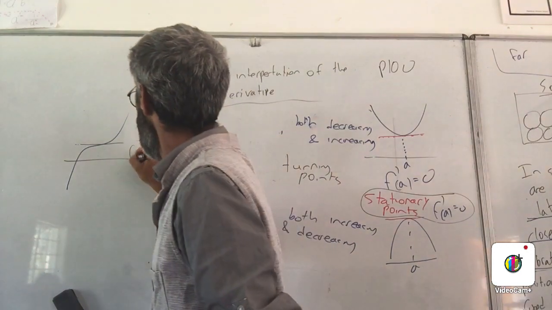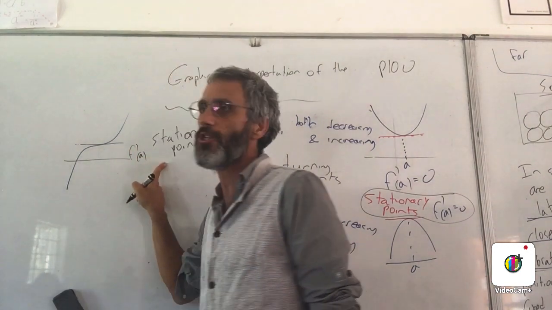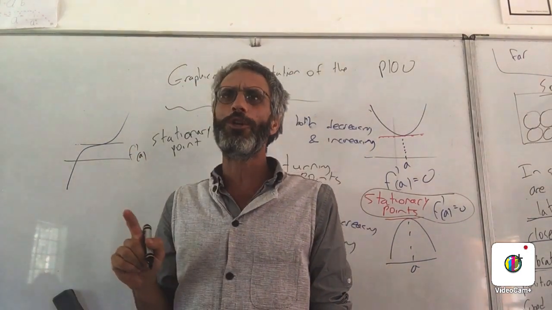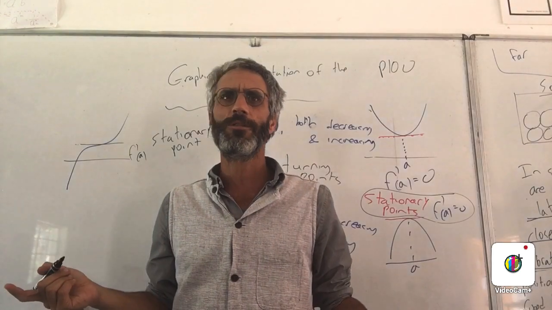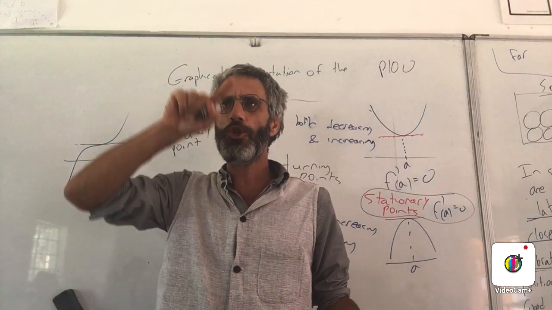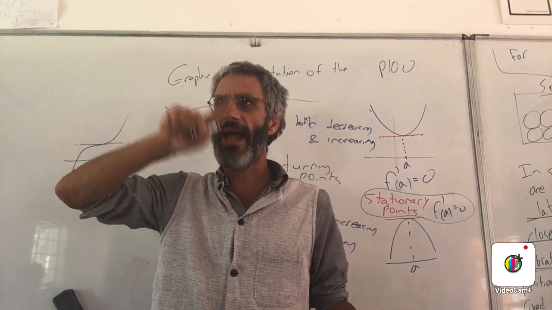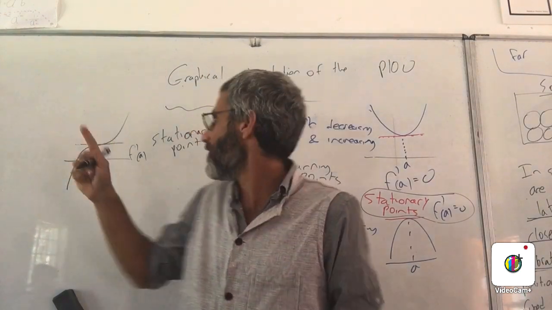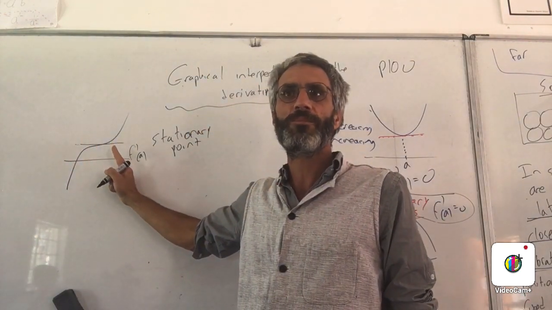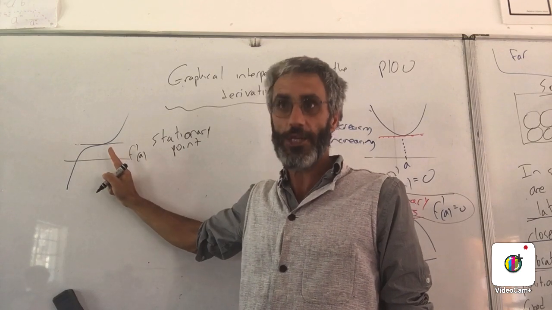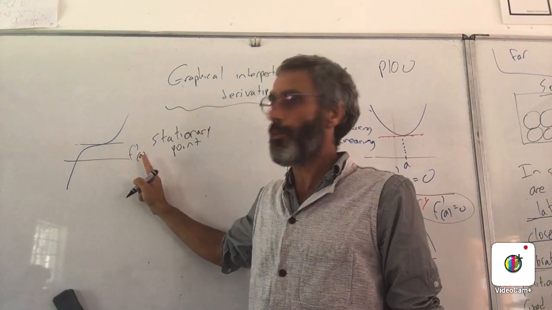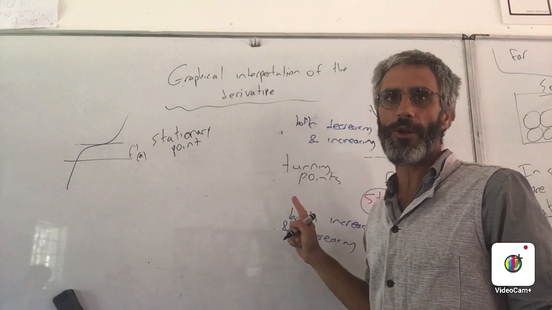So the derivative here is also 0. That's a stationary point. But why is it not a turning point? We spoke about turning points in parabolas, right? They were maximums and minimums. You can see this is not a maximum or minimum. So it's a stationary point, derivative is 0, but it's not a turning point.